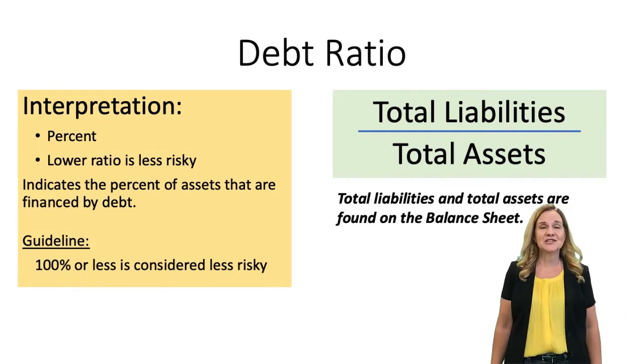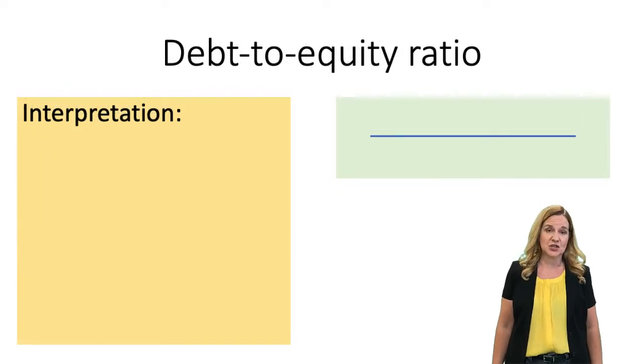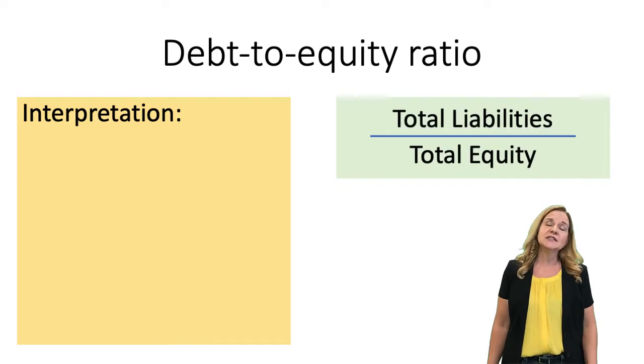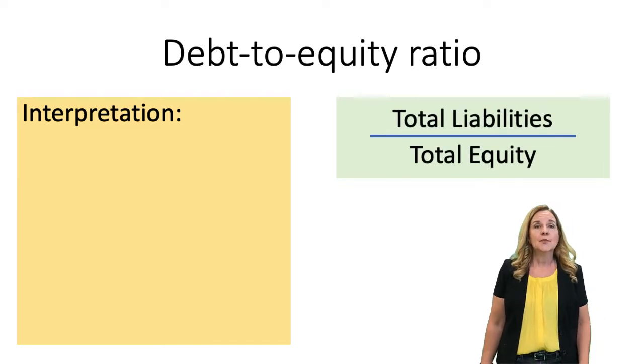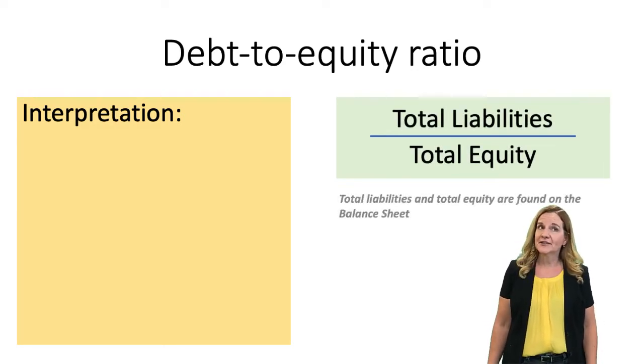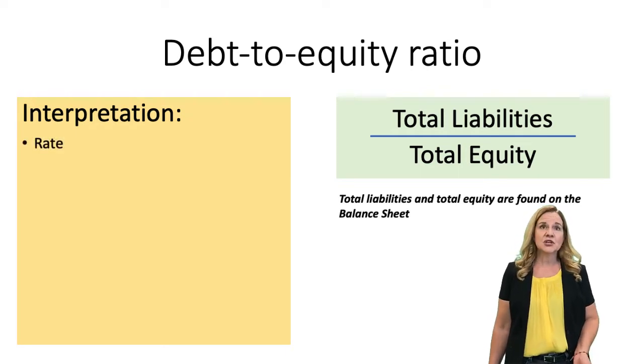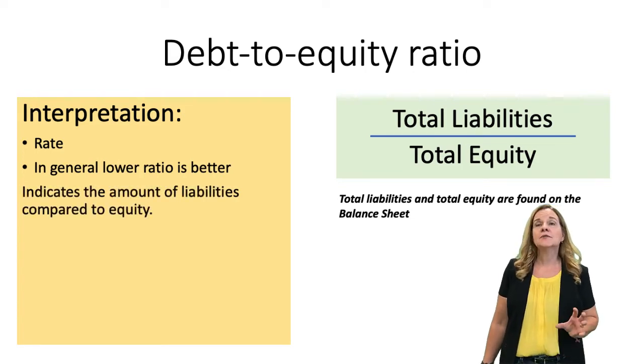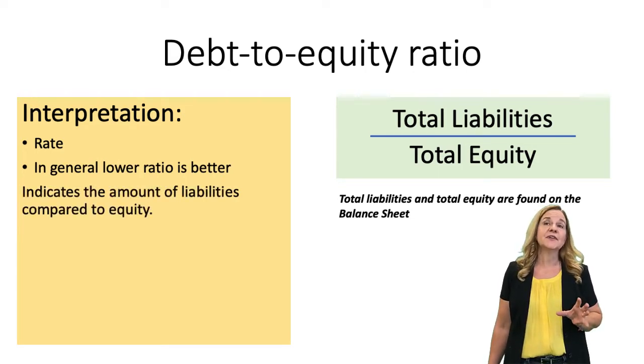The next ratio is the debt to equity ratio. That ratio is calculated by taking total liabilities and dividing it by total equity. Both of those are found on the balance sheet. The debt to equity ratio is a rate. In general, the lower ratio is better, and it's showing me how the company is being financed.